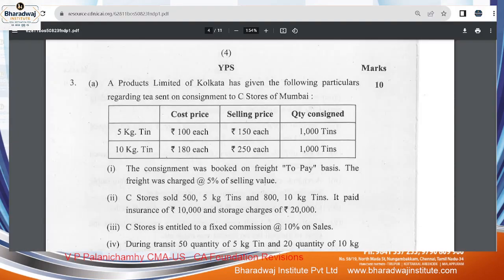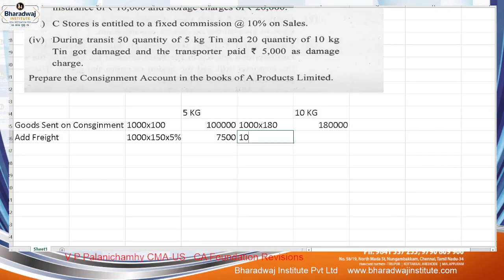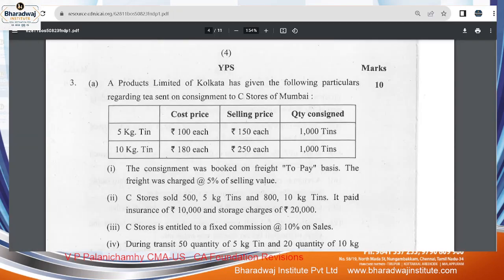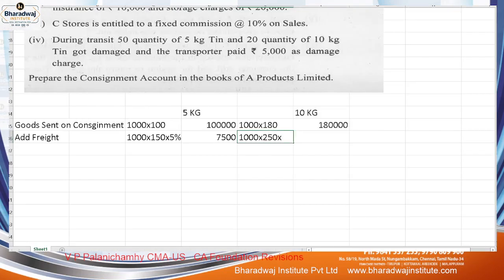Calculation of freight is based on invoice price. 1000 into what is the selling price? 250 into what percentage? 5%. 1000 into 250 into 5%. So this is the value of the goods sent.